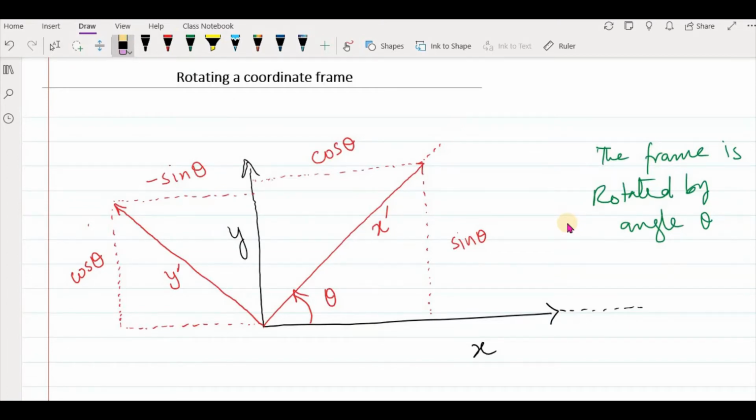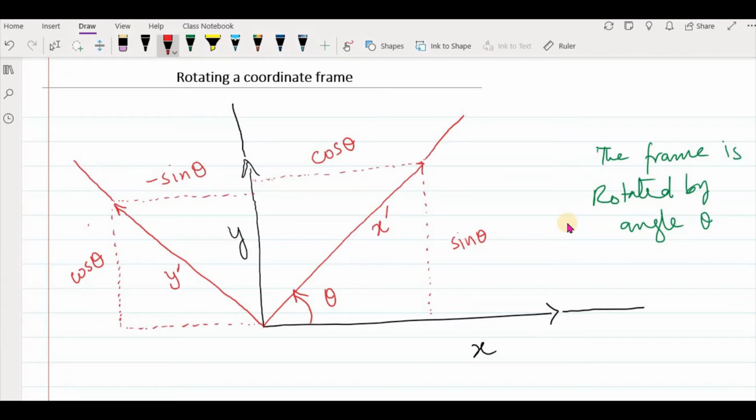Let's make the line so it is distinguishable. This is to show that these are the unit vectors along the x and y coordinates.